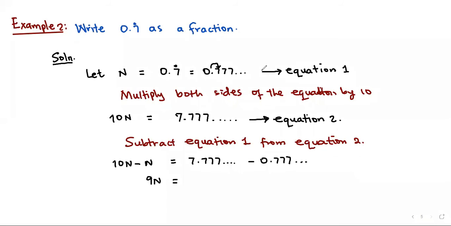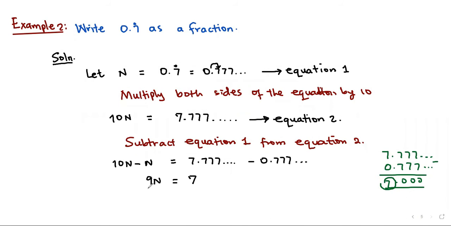And if we get 7.777 repeating minus 0.777 repeating, this is 0, 0, 0 point, and this is 7. So we get 7. So this means that 9n equals 7.